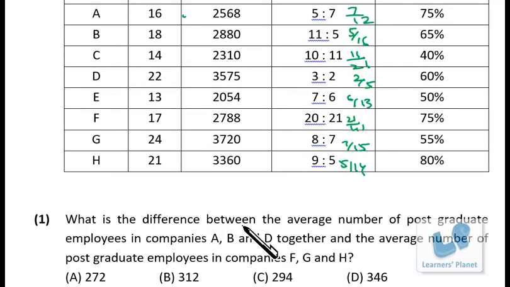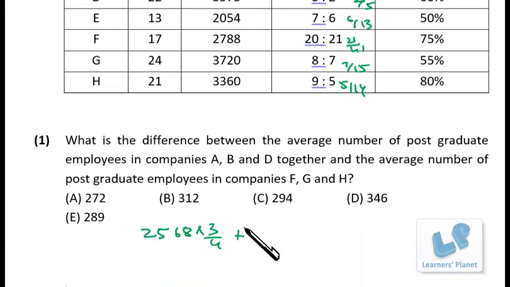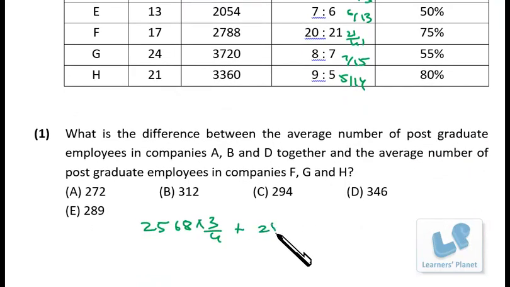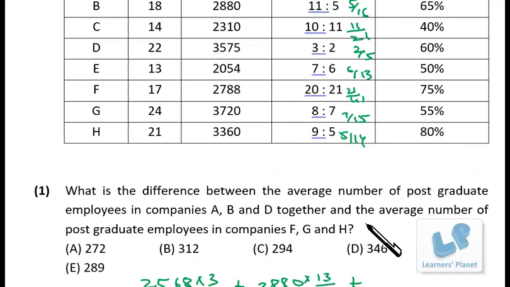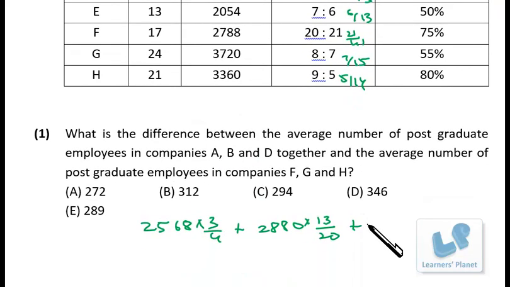Plus B is 65%, so that is 13 by 20. So 2880 into 13 by 20. Plus D is 60%, that is 3 by 5 of 3575.